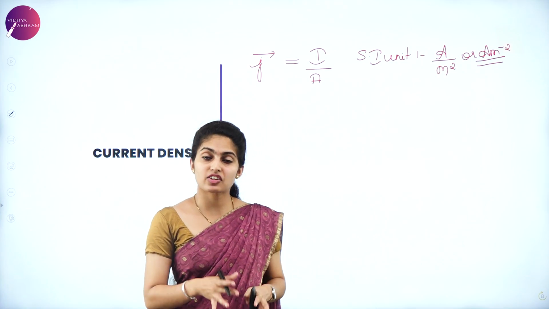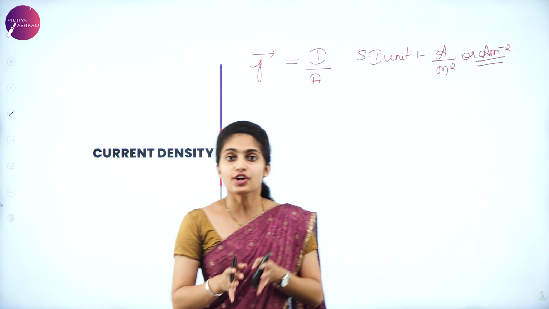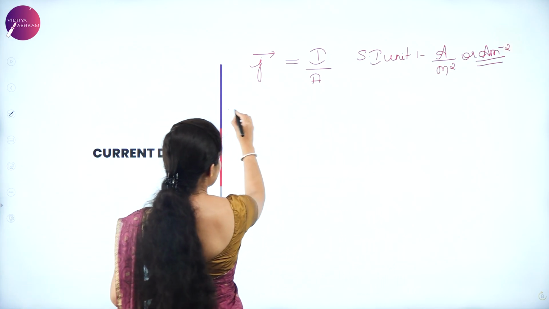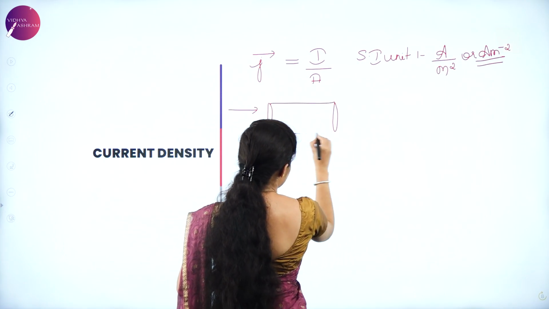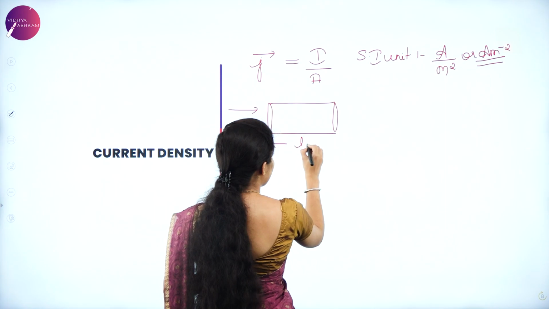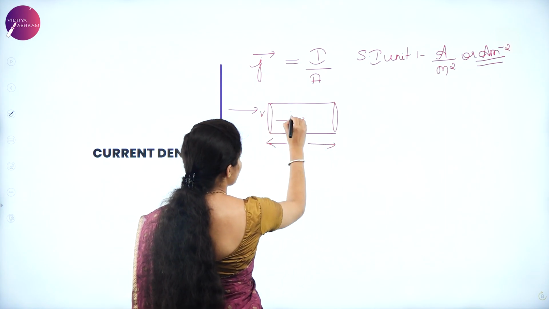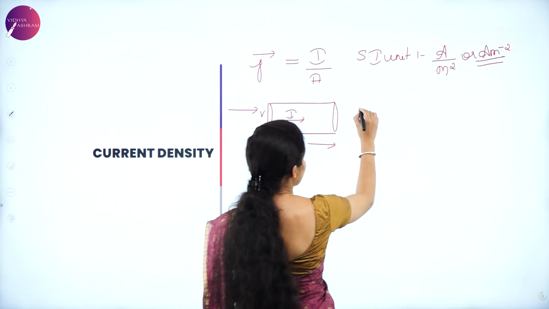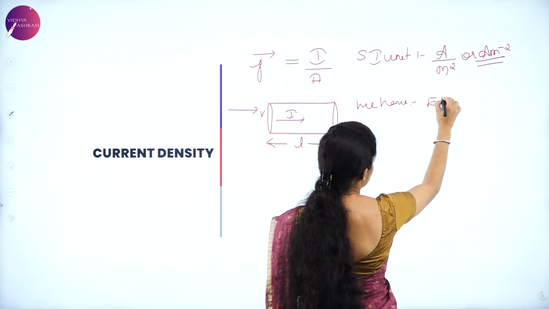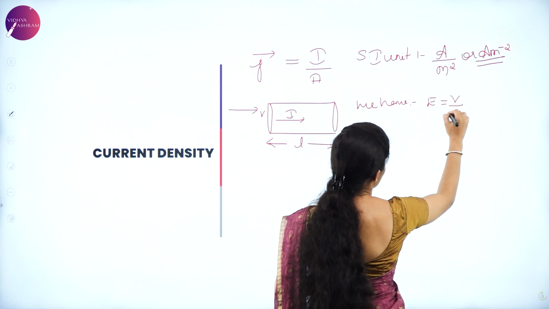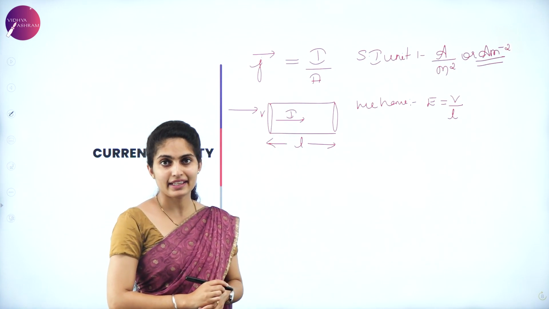Let us check the relation between current density and the electric field. Suppose you consider a conductor which has a length L, the voltage across it is V and the current flowing through it is I. We have electric field E is equal to voltage per unit length, E is equal to V by L. This is equation 1.